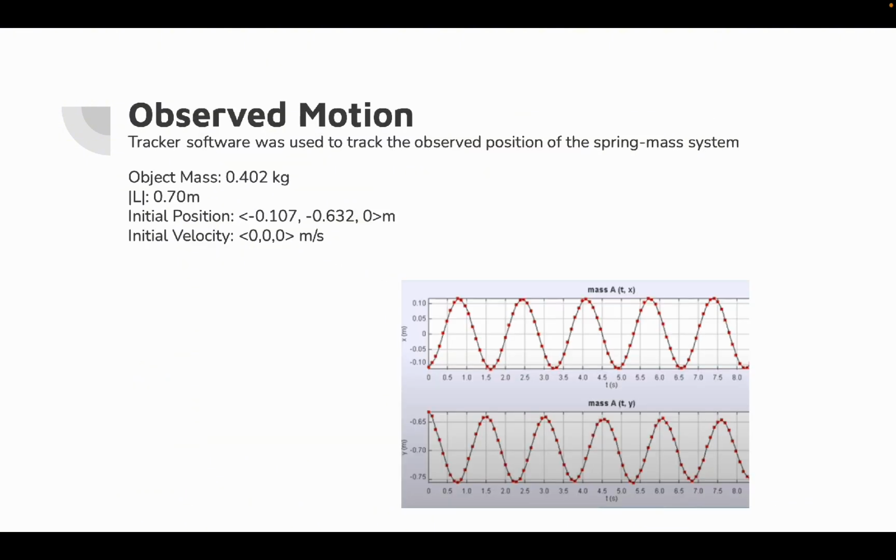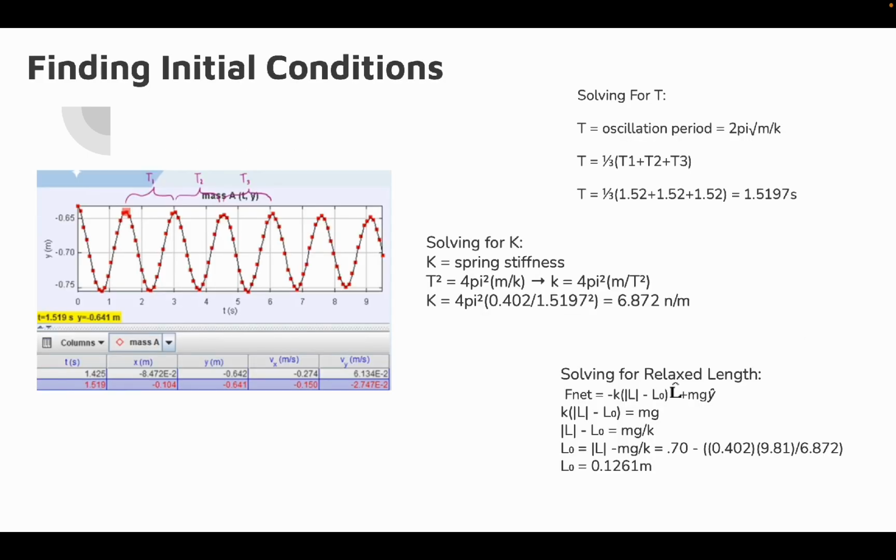So for my observed motion experiment, I used Tracker software to track the observed position of the spring mass system. And here are some of my initial conditions, and this is the graph that the Tracker software produced. But there were also initial conditions that I had to find.